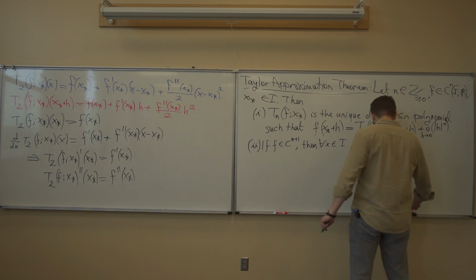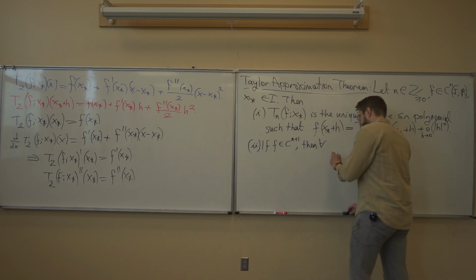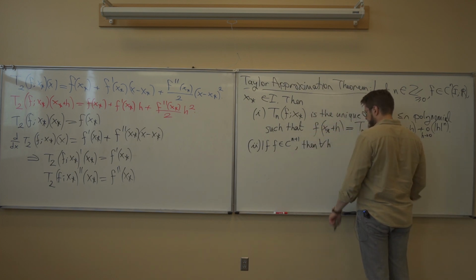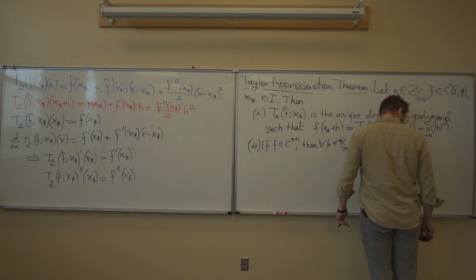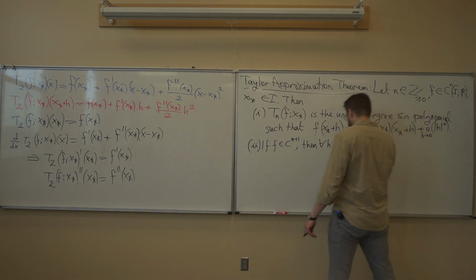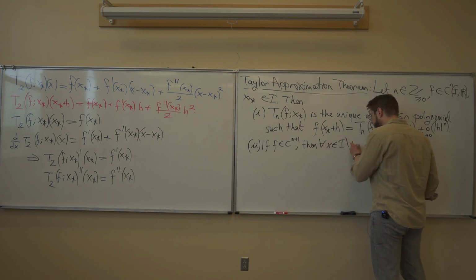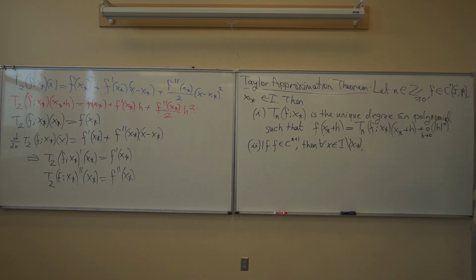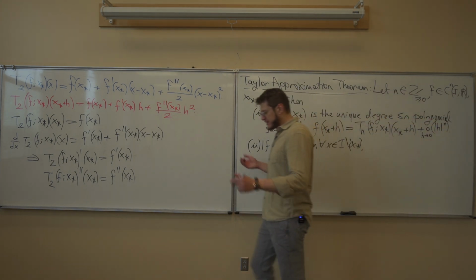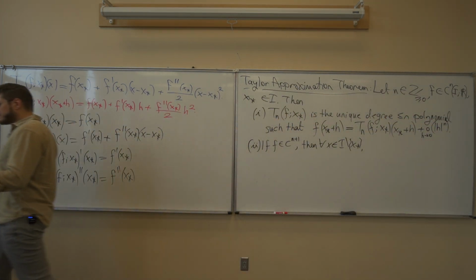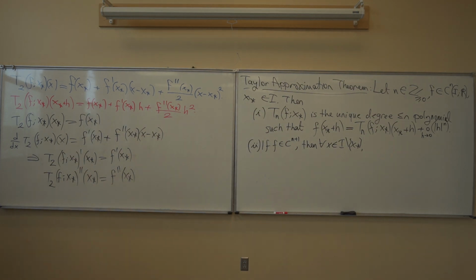And for any h non-zero, maybe let me state it like this. For any x that is not the same thing as x star, there is, let's say, a point x dagger that is strictly between x and x star.